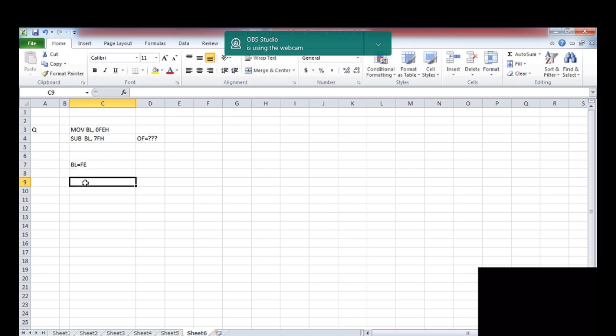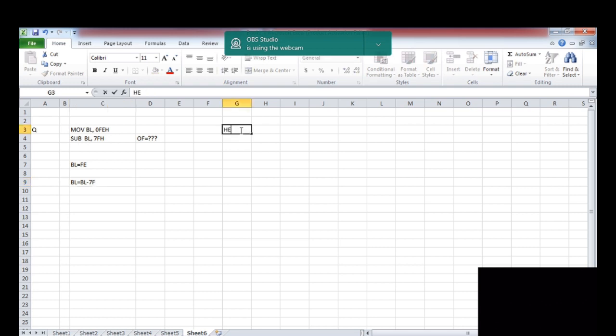Then it will perform BL equals BL minus 7F. Will it set the overflow flag? Or what is the status of the overflow flag after executing SUB BL, 7F? That's the question. Let us check what this FE is.